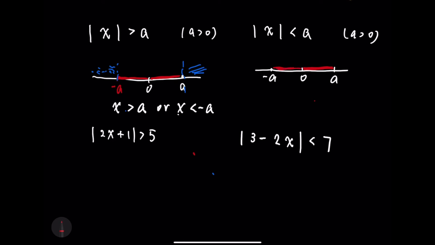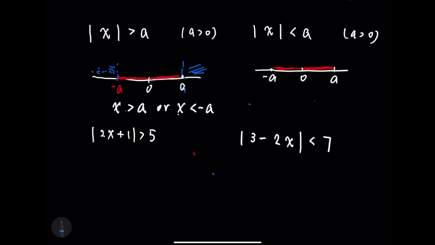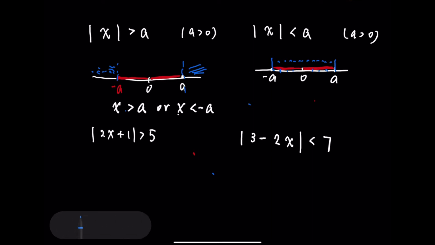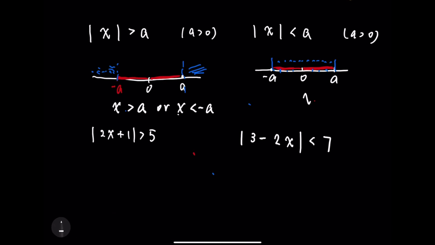If the distance has to be less than a, it means the number has to be inside here. Then any distance to the origin will be less than a. So as a conclusion, the distance to the origin less than a means the number has to be less than a, bigger than negative a.